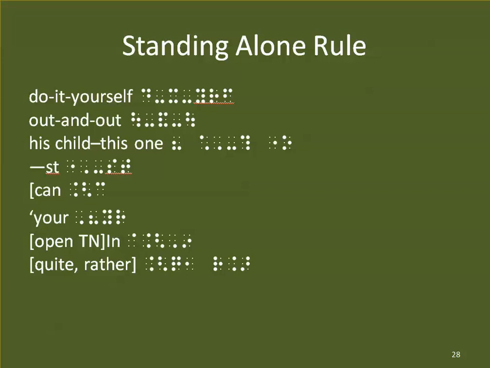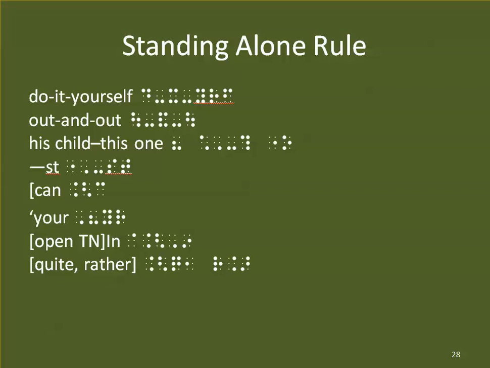Can, remember an opening square bracket before a letter or letter sequence did not affect the standing alone rule. So that C there is read as the word can because it has an opening square bracket in front of it, a space presumably on one side of that bracket, and the C also has a space on the other side of it, so it's standing alone. Same thing with a single quote and YR.